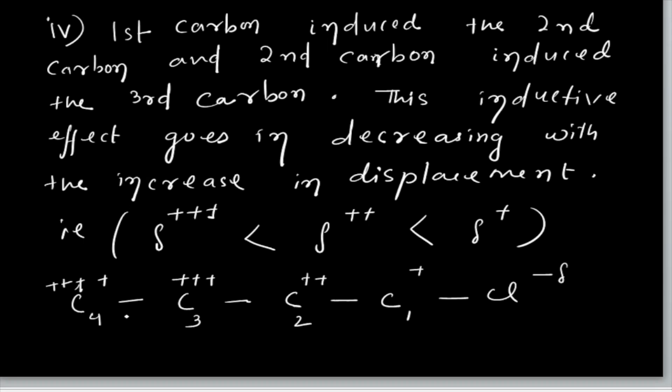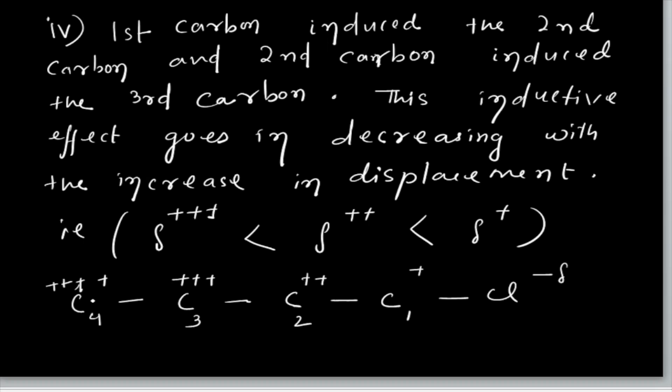This inductive effect goes on decreasing. See here, 1 plus sign, then plus plus plus, increasing plus, up to 4 plus, decreasing with increase of displacement. When displacement increases, the charge gradually decreases. That means the inductive effect goes on decreasing as displacement increases.